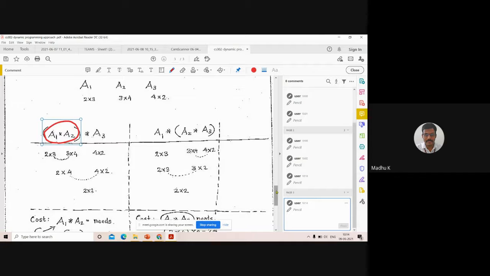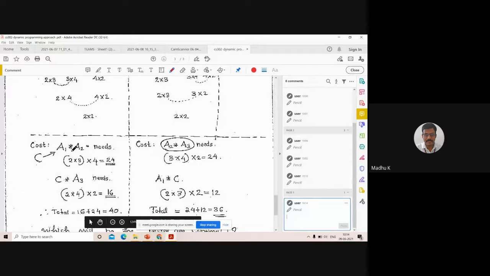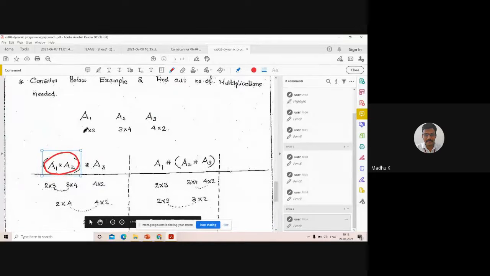For performing a1 star a2, how many basic operations are needed? A1 star a2, for example, is C now, and it needs 2 by 3 into 4. This is our basic concept. That is, if I want to multiply this, it is 2 by 3 into 4.